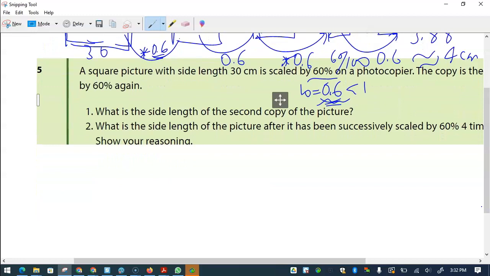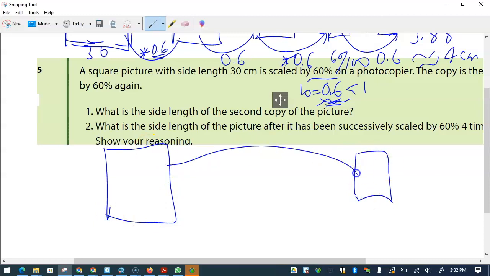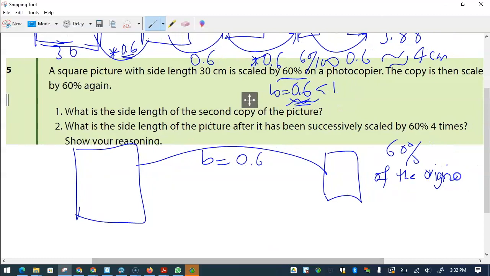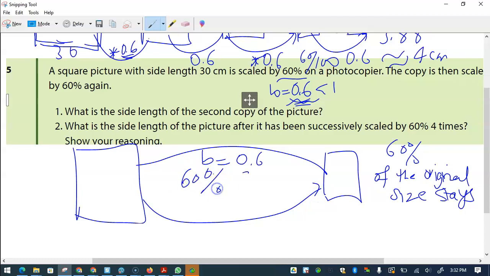When this was the original and it shrinks, b is 0.6, which is 60%. That means 60% of the original size stays. So how much is reducing by? 60% stays, and what is lost?